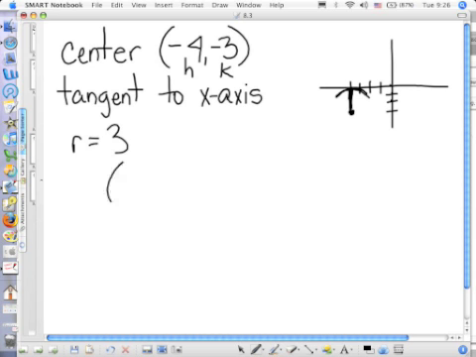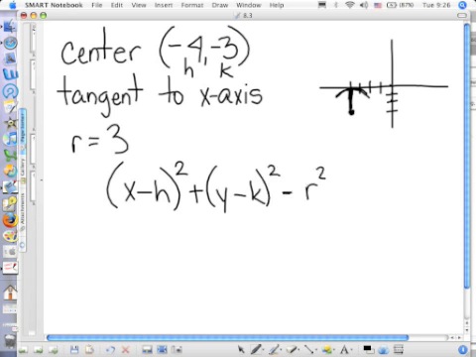So for repetition's sake, the equation of a circle is x minus h squared plus y minus k squared equals r squared. On your paper, fill in the blanks. Write the equation.